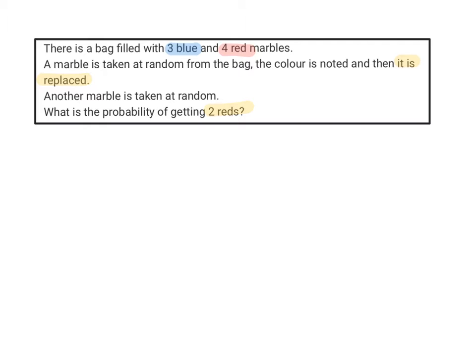Let's just look at this in terms of a bar to start with. So we know that we're going to have 3 blue marbles, and then I also need 4 red.